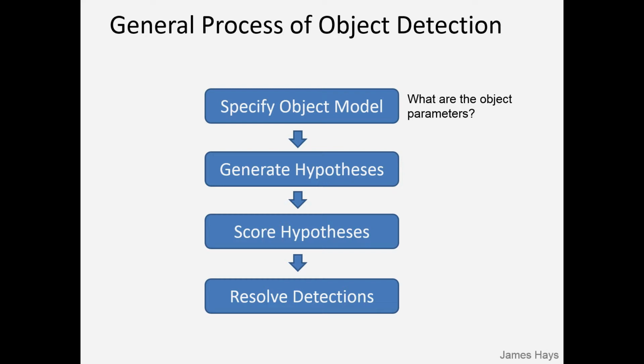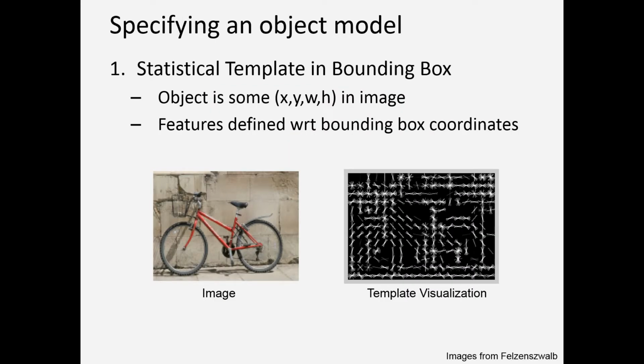Then try to resolve the detection result, mostly with something like non-max suppression. If for the same object you conclude there are several boxes enclosing that object, then you want to pick one of them or merge all these boxes into one box. So let's start with specifying an object model.